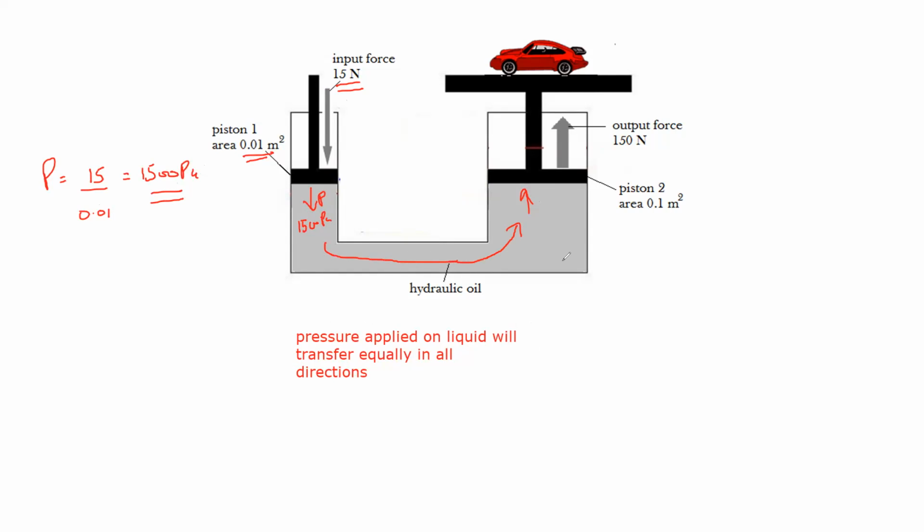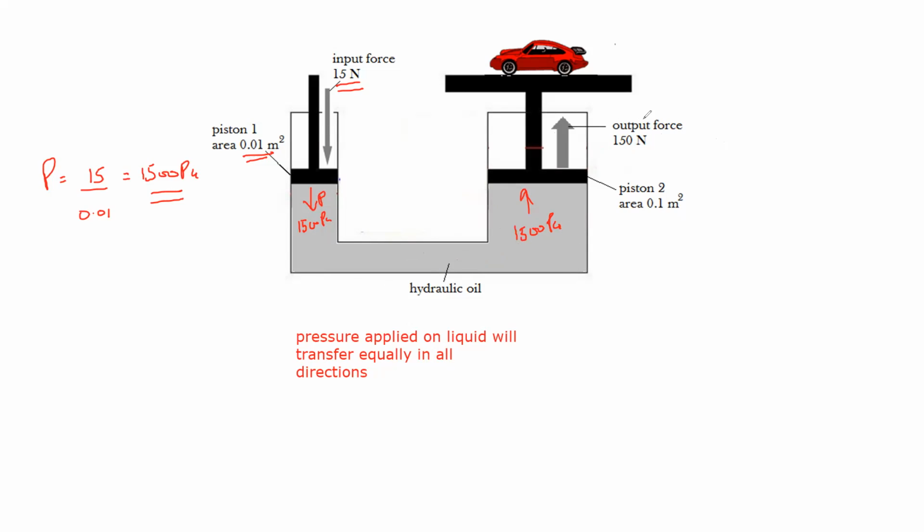I am considering only upward, but actually the liquid transfers the same pressure in all the directions. But why am I taking the upward part? Because this side is movable, the piston is a movable part. So when we apply 1500 Pascal on the liquid, it will apply the same 1500 Pascal on the other side.